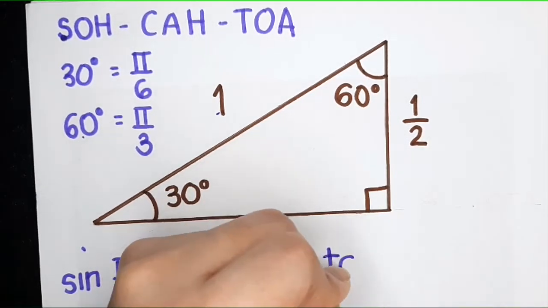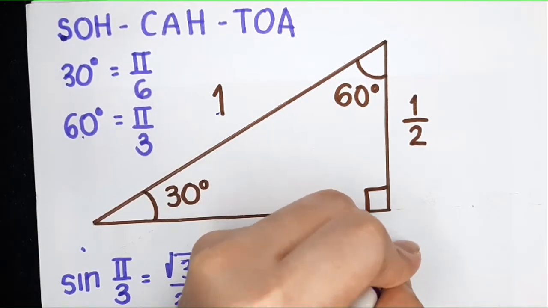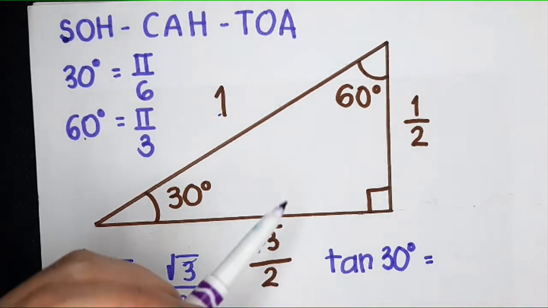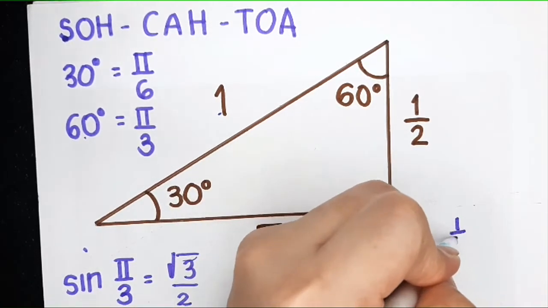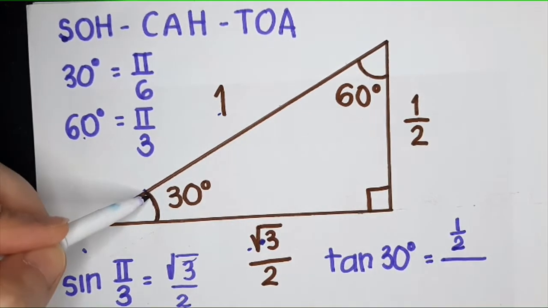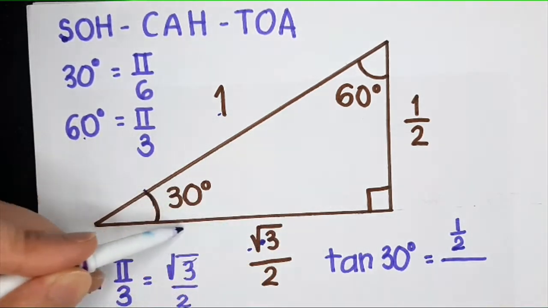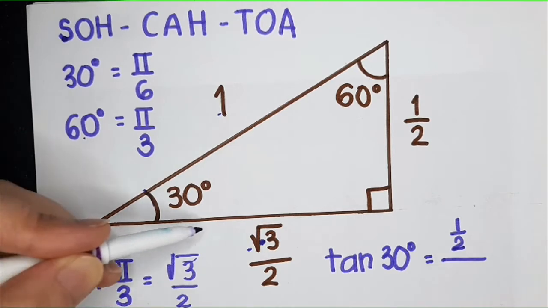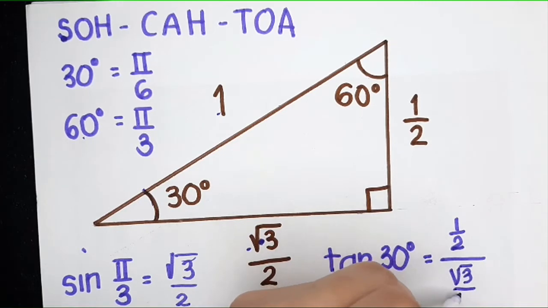Another one. What is tangent of 30 degrees? Tangent of 30 degrees is TOA. Ito yung 30 degrees. Ito yung opposite niya, so you write 1/2 here. If this is the 30-degree angle, its adjacent side is this one. Hindi pwede ang hypotenuse. Ang adjacent side, yung katabi niya. So, we write square root of 3 over 2 here.